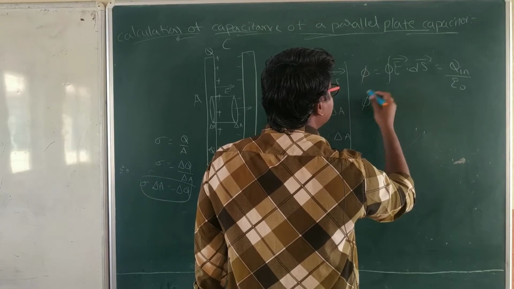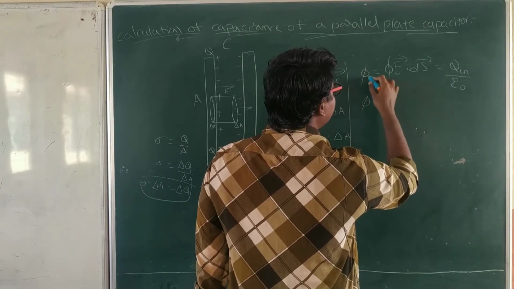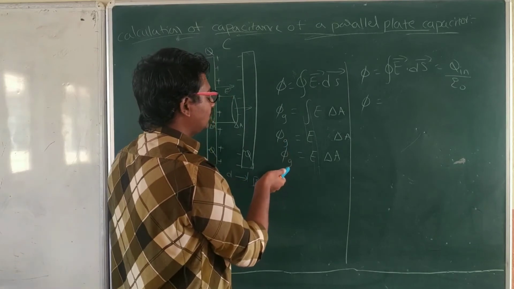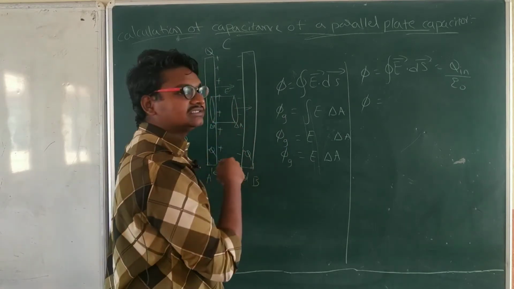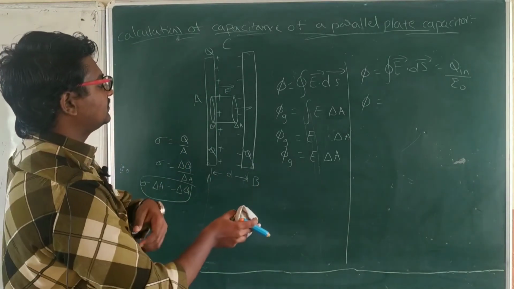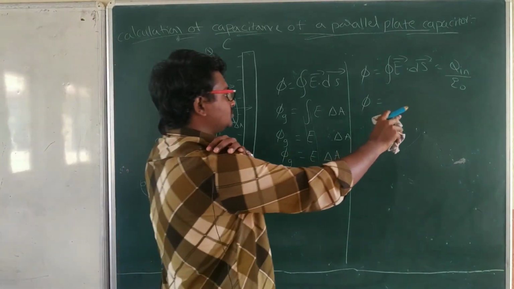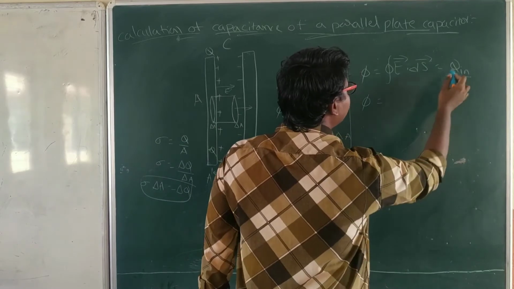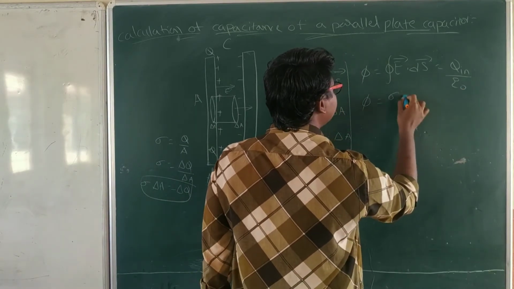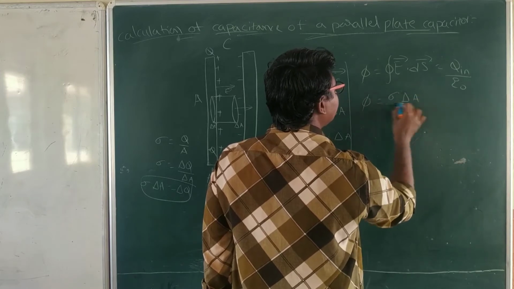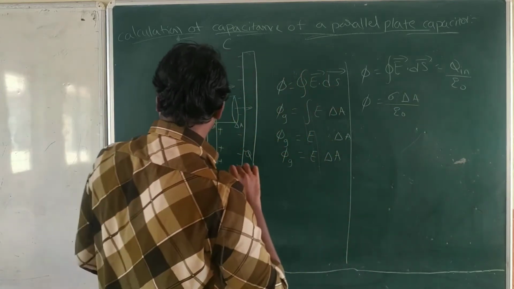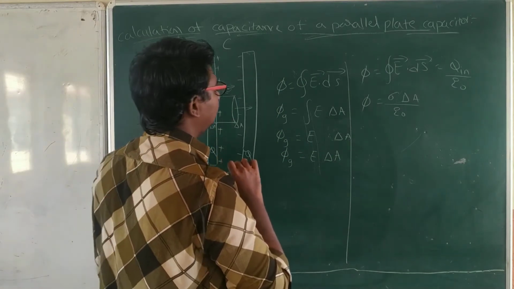Phi is equal to, here we can consider phi g also. Phi g means through the Gaussian surface. Now phi g is equal to Q in by epsilon naught. What is Q in? Sigma delta A by epsilon naught. What is phi g? Phi g is equal to E delta A from the first equation, equal to sigma delta A by epsilon naught.